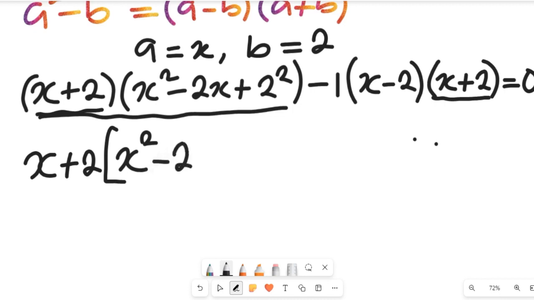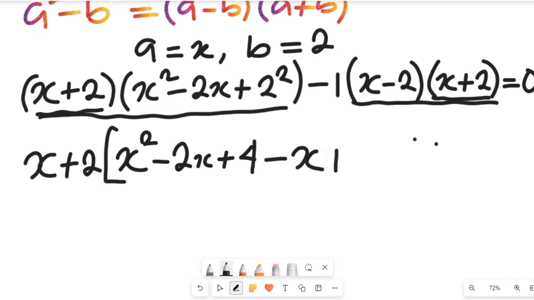minus 2x plus 4. And this whole expression divided by x plus 2 will give us a negative x, because minus 1 times x will give us minus x, and a positive 2. So all of these will be equal to 0. Great.